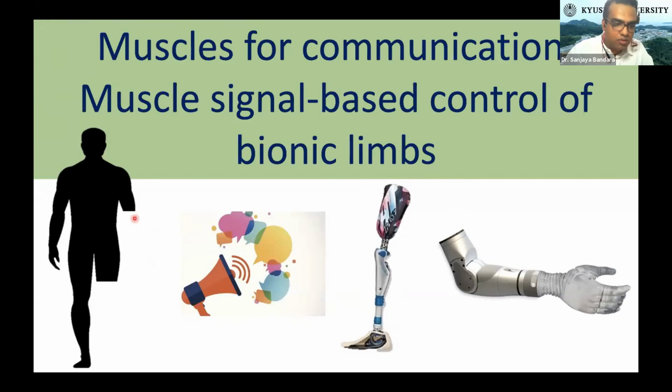For example, in this figure you can see a transhumeral amputee who has lost his arm above the elbow, and a transfemoral amputee who has lost his leg above the knee. If he wears this prosthetic leg or this prosthetic arm, how can he convey his thoughts, for example for grasping something or for walking? This is what we are going to talk about today.